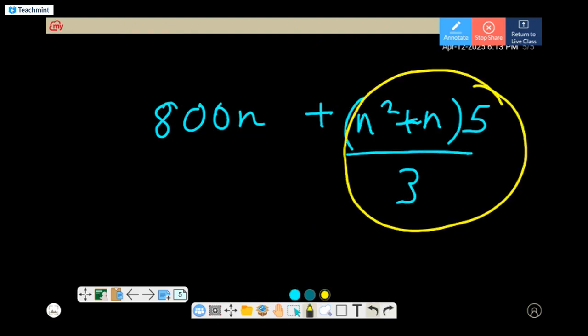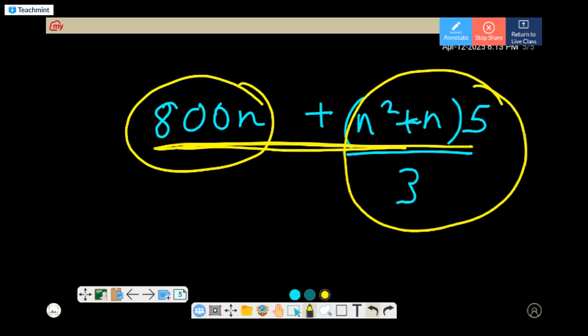So this is a fraction, and this 800n is not in a fraction. Why are we taking the P as 800n? Because that's the formula: MV is P into N. Oh yeah, right. And to make the denominator the same, that's the LCM concept.